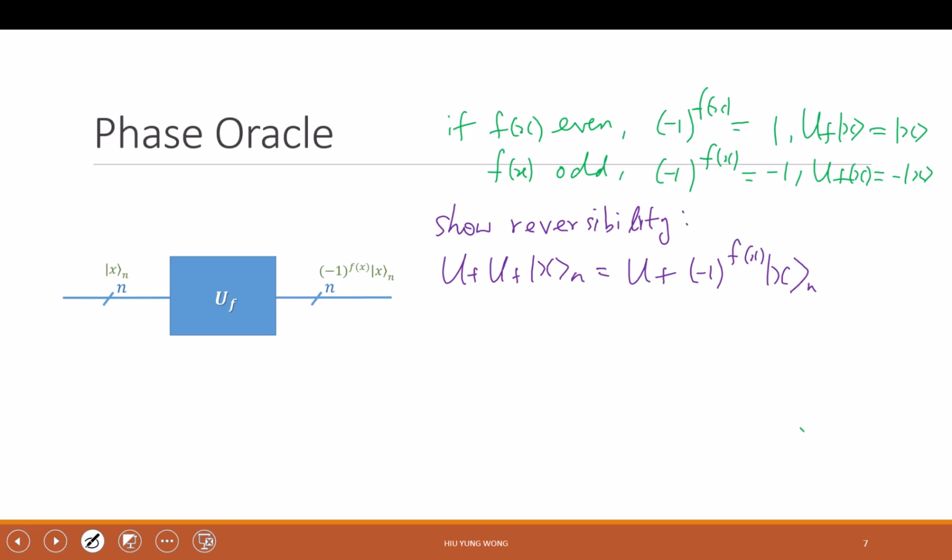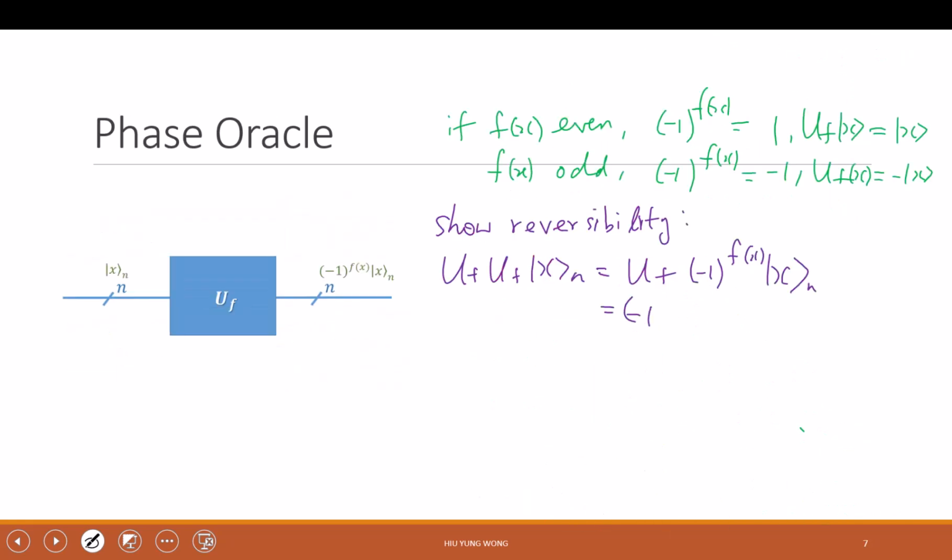Now, if I apply U_f one more time, what do I get? By definition, this whole thing is the new input. What you're saying is that whatever new input you give me, I multiply by -1 to the power f of x.